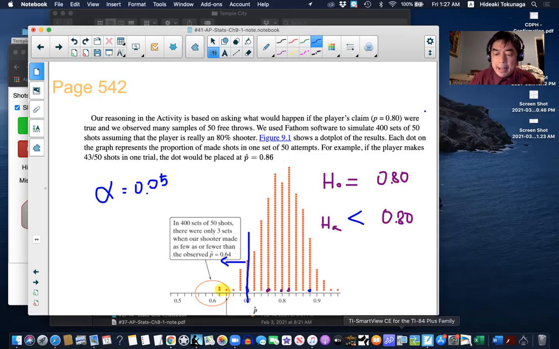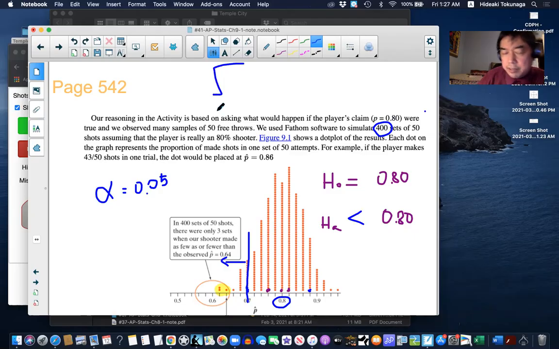Okay, and so the p equals 0.8. What's the standard deviation, right? And we have a 400 set of 50 shots. So it's random. Okay, it might be random, right?